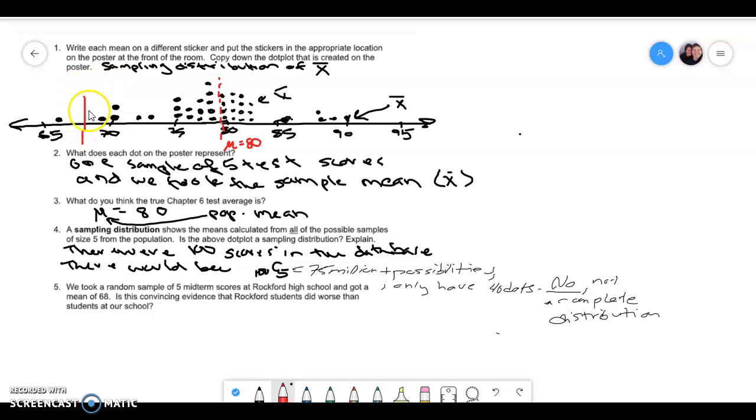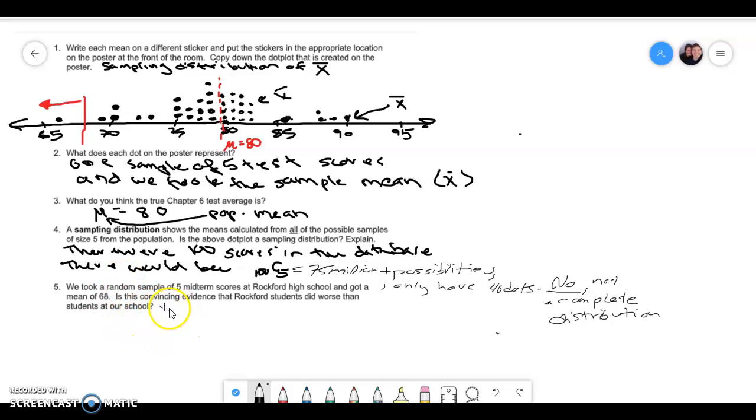This is where they would fall. We only had one of our sample means out of 40 that was below a 68.